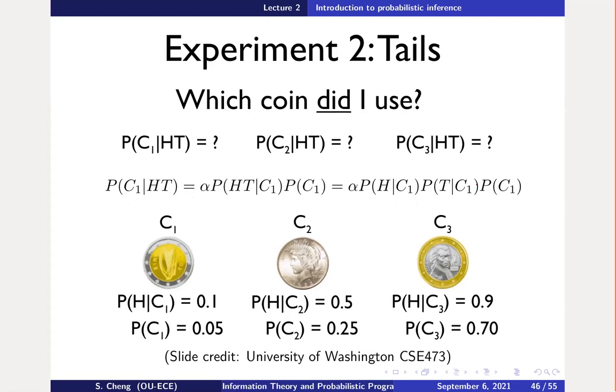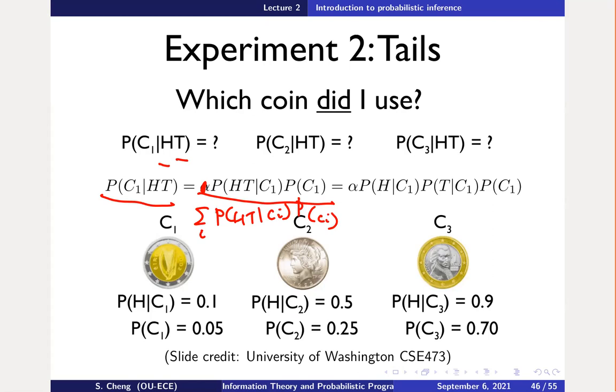Now, we can repeat that not just for tossing this coin once, but maybe we toss the coin twice. Maybe the first time we got a head and the second time we got a tail. Then we can repeat the whole thing, right? Instead of writing the alpha, let's do the summation again here, sum over i like this, right?